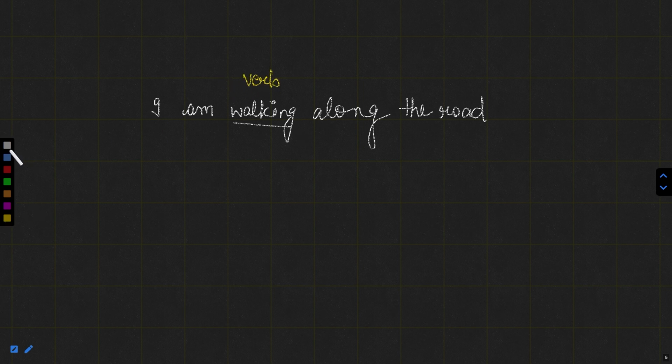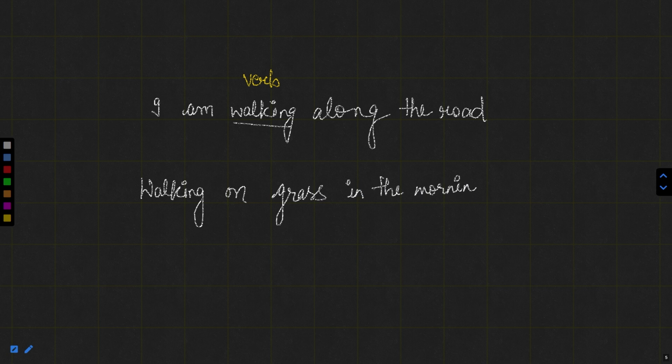Now if I say, walking is good for health, or let us take, walking on grass in the morning is very healthy. Here I have used the word walking, but does it show any action?